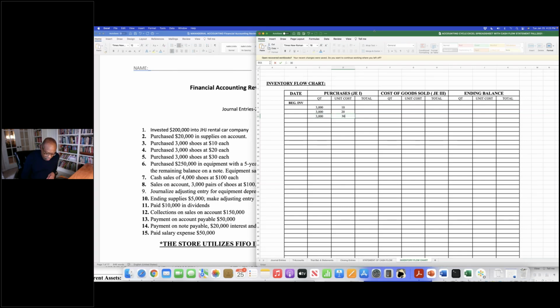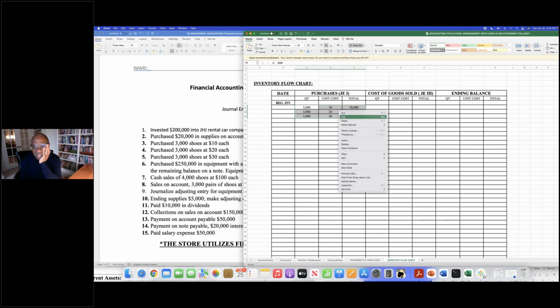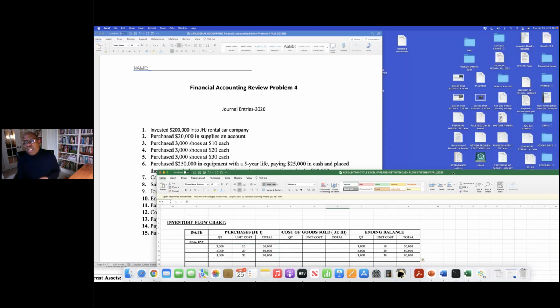So 30,000, 60,000, and 90,000. Then we put them over here in our ending balance. So anytime we purchase something, it goes in the purchase column, then we move it to the ending balance. Are there any questions on anything we just did? We just bought the inventory, and so we purchased it.